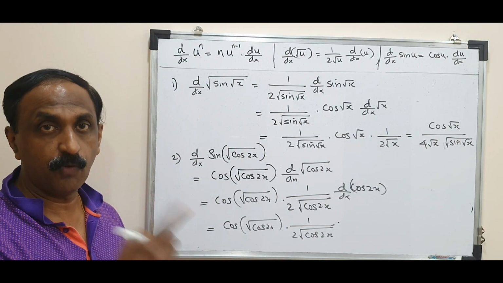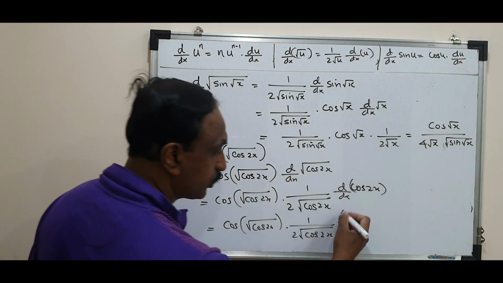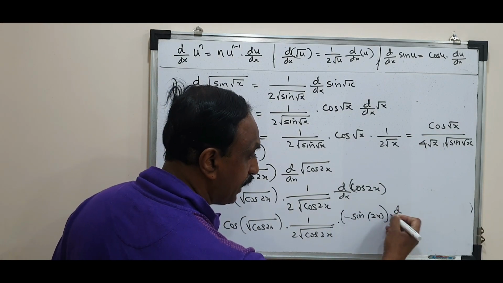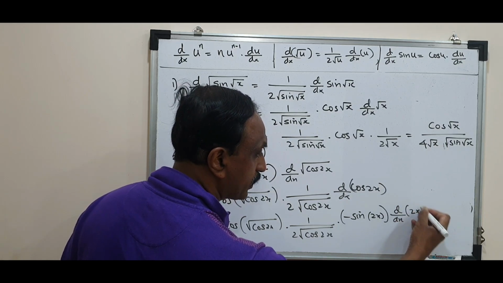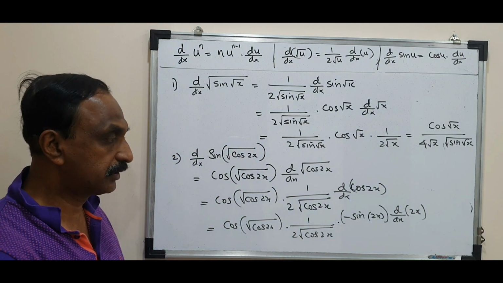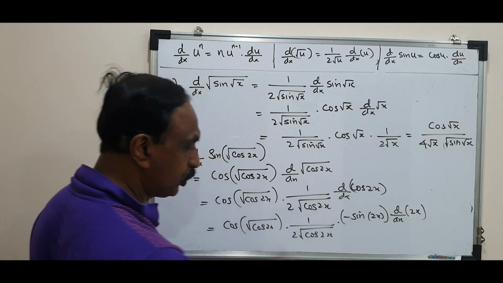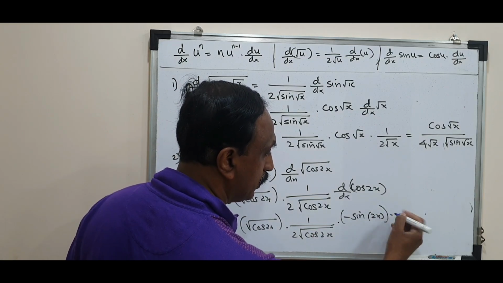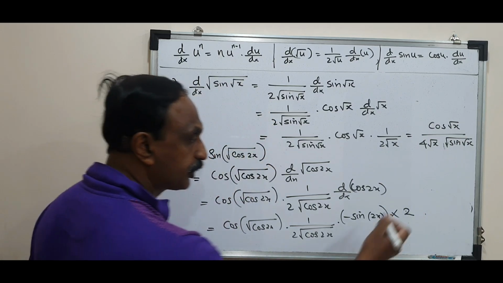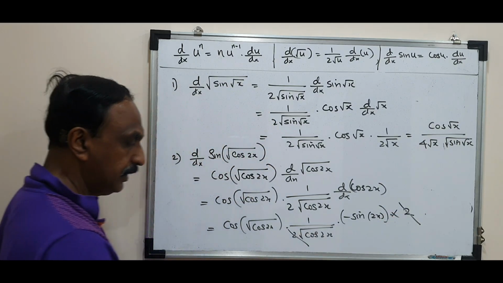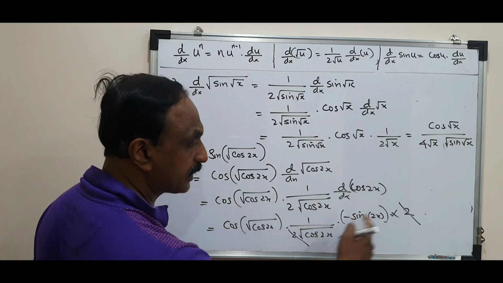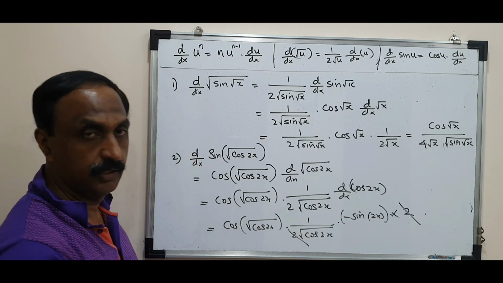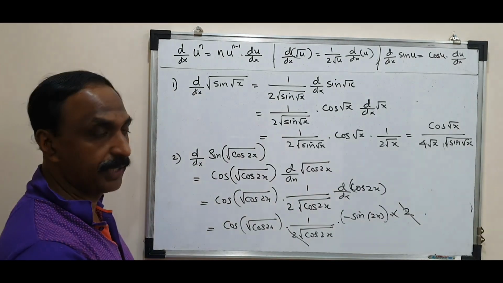Minus sine. What about the angle? Angle is 2x, so minus sine 2x into derivative of the angle. Derivative of 2x will become 2. Since I do not have space, I will just write 2 directly here. Now this 2 and this 2 will get cancelled. So your answer will be minus sine 2x into cos of root cos 2x divided by root of cos 2x. That would become my answer.